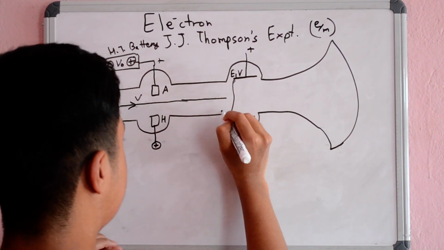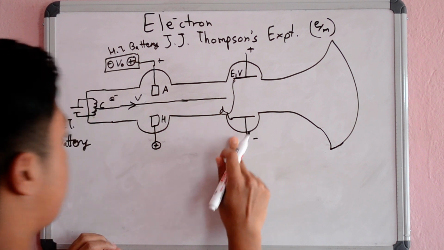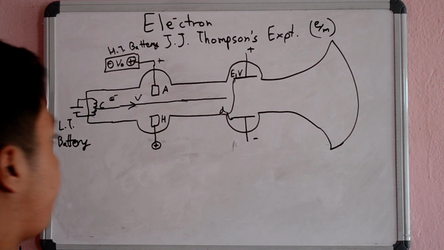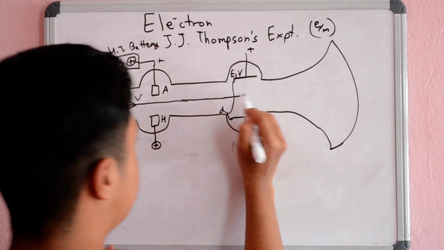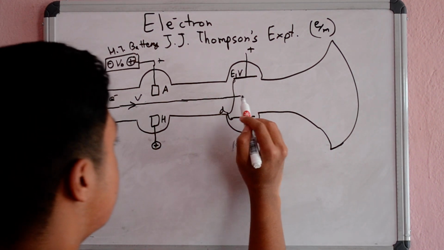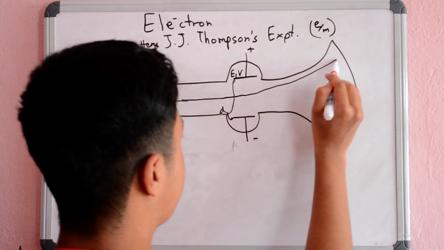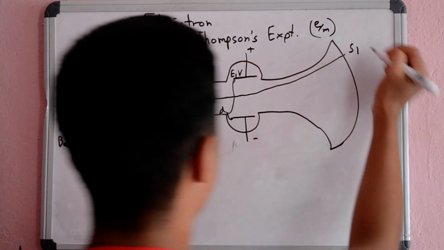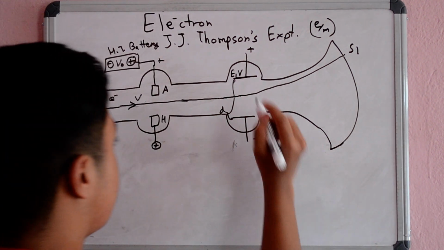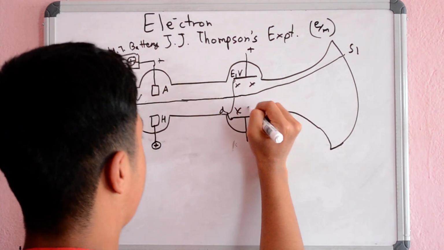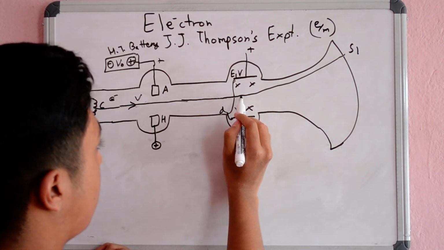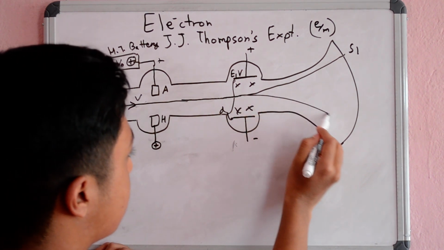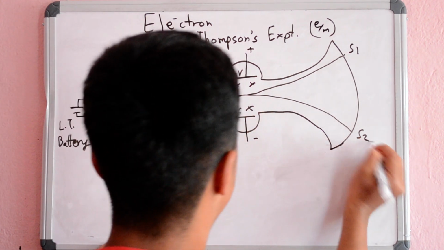Let's say this is D, right? So here it goes like this, and due to the positive charge, it goes deflected like this, let's say at a point S1. Now here, let's say a magnetic field is applied on it. Then it will deviate downwards like this at a point S2.